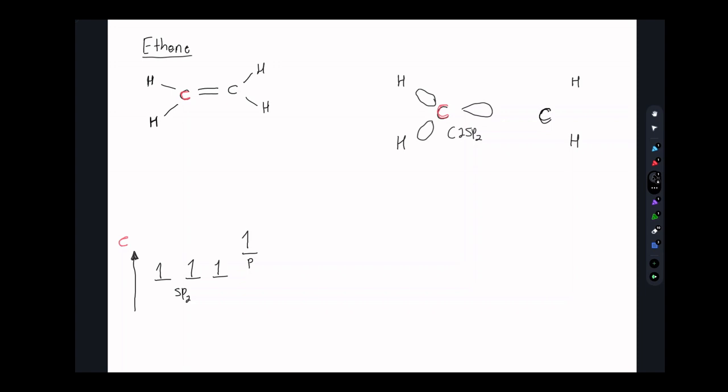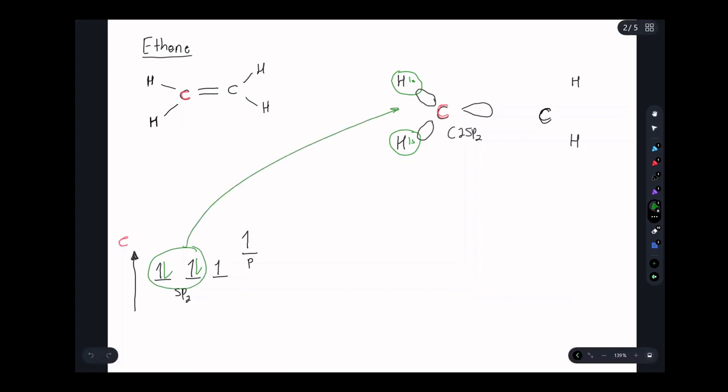Now, we can imagine that these hydrogens bring in their 1s electron and are capable of making bonds. So these two orbitals down here represent the two bonds to the hydrogens. And we can represent these bonds as carbon 2sp2 orbitals making bonds to hydrogen's 1s orbital. Again, we draw this as a straight line, typically.